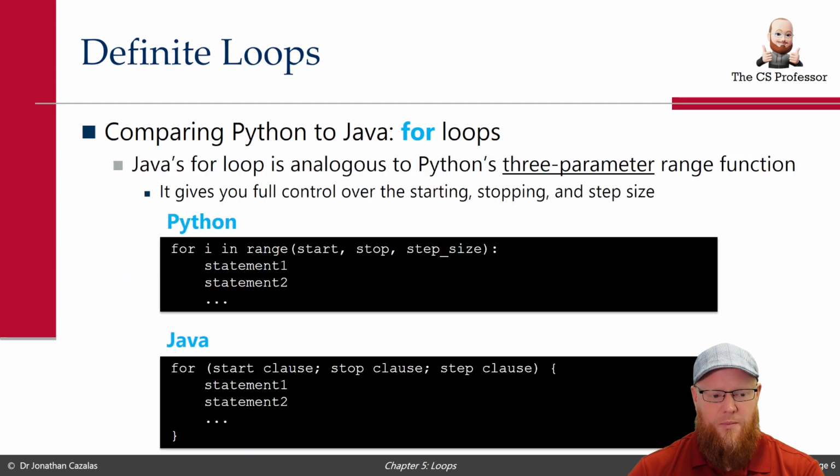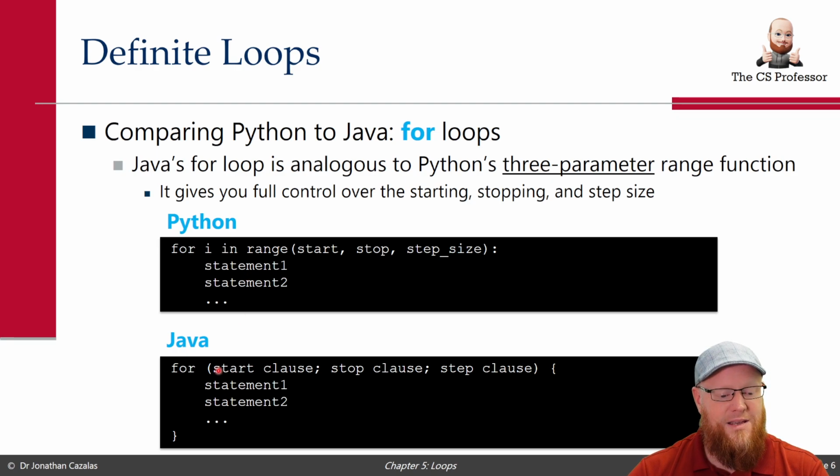So why is this important? Because in fact, Java's for loop is most analogous to Python's 3-parameter range function. And it gives you full control over the start, over the stop, and over the step size. So if you look at this Python example, for i in range, start, stop, step size, and then we put statements inside the loop.